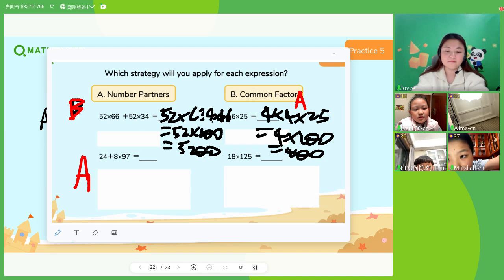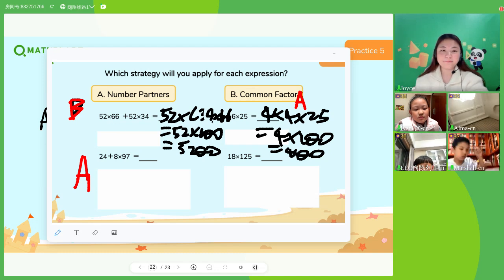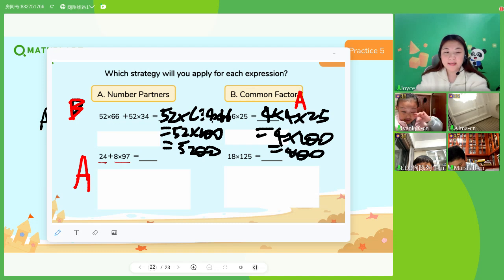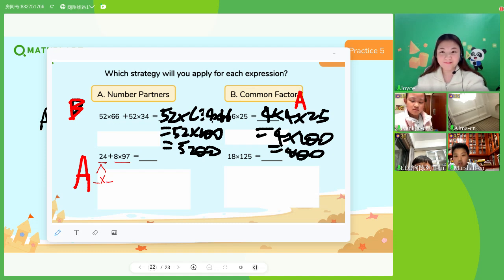I need some help here. Okay. See, Leo, we have a single number plus an expression, right? So can we break this number apart to be an expression as well, and just try to make one number the same as the other one, so we have a common factor here, right? Yeah.